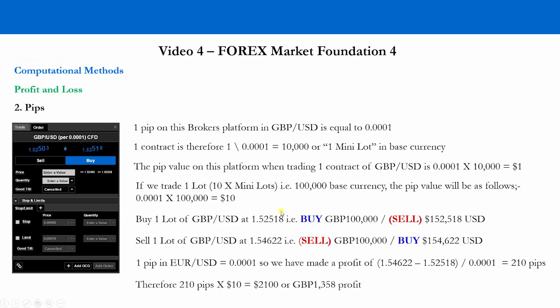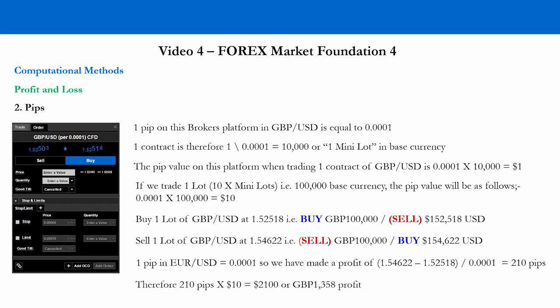Let's look at an example. Here we've got the example of sterling US dollar, where 1 pip on this broker's platform in sterling dollar is equivalent to 0.0001. You can see it here quoted on the screen.